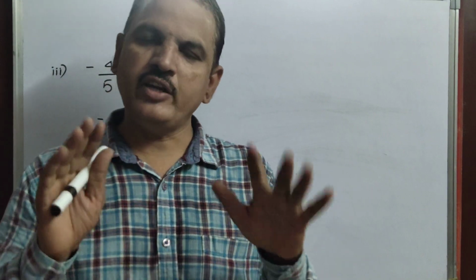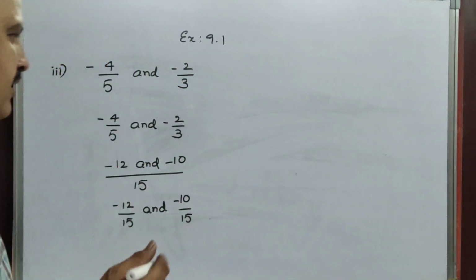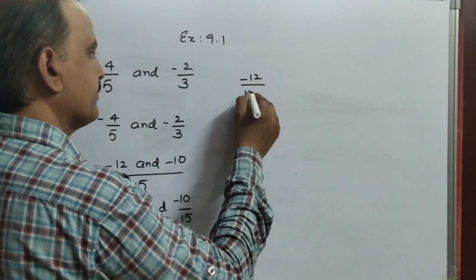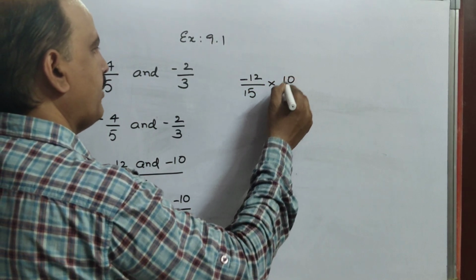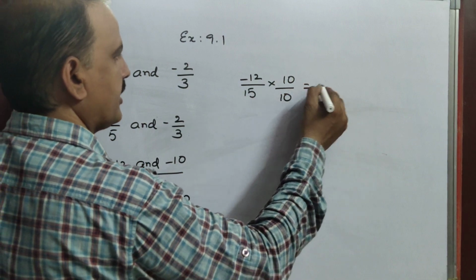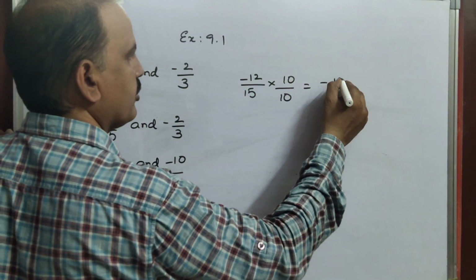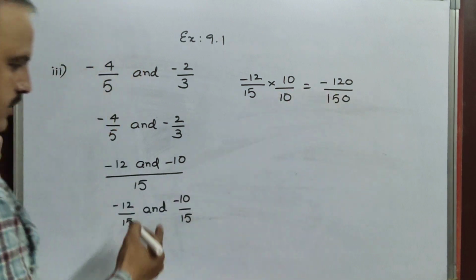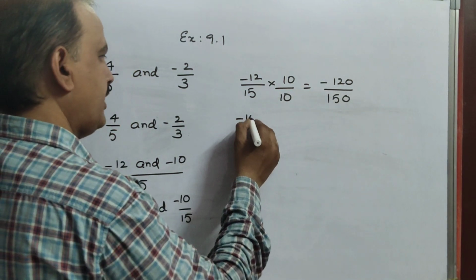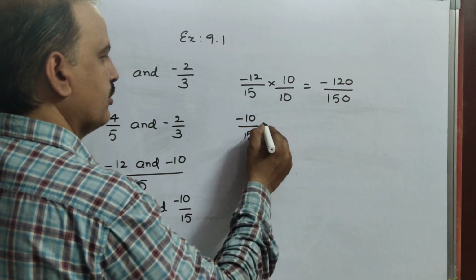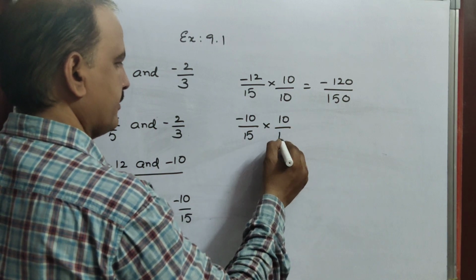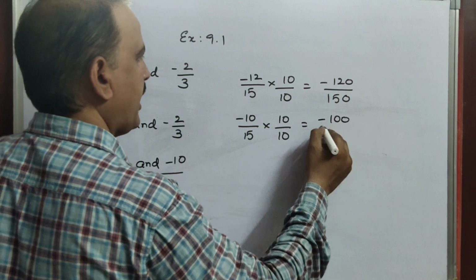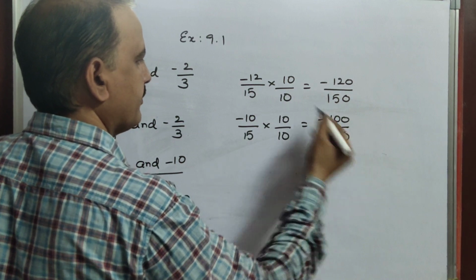I told you, if they ask 5, take 5 extra. So 10. That means minus 12 by 15 into 10 by 10, that is minus 120 by 150. Next, minus 10 by 15 into 10 by 10, that is 10 tens are 100, so minus 100 by 150.